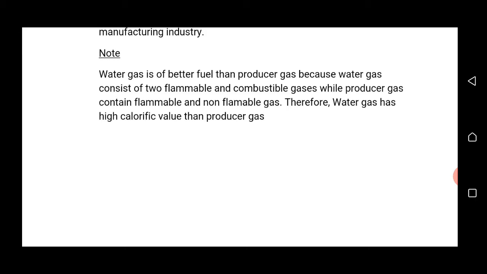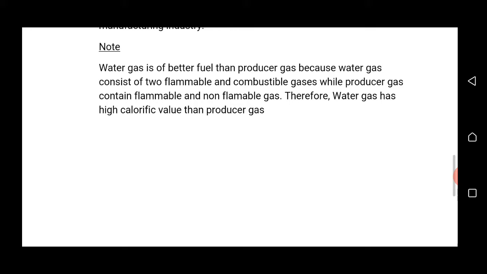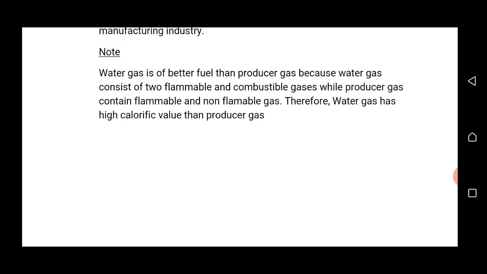So, the reason why water gas is a better fuel than producer gas is that water gas contains two flammable and combustible gases. It means CO, carbon monoxide, present in water gas is a combustible gas, and hydrogen present in water gas is also a flammable and combustible gas.